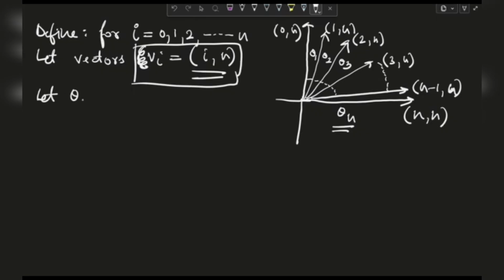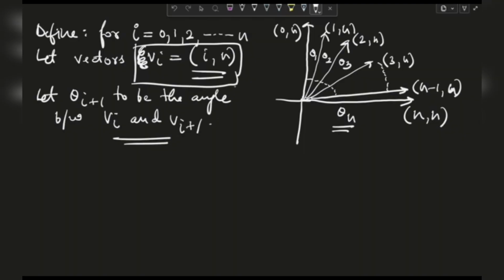So let's take theta i plus 1 to be the angle in between Vi and Vi plus 1. Let's define something like this.